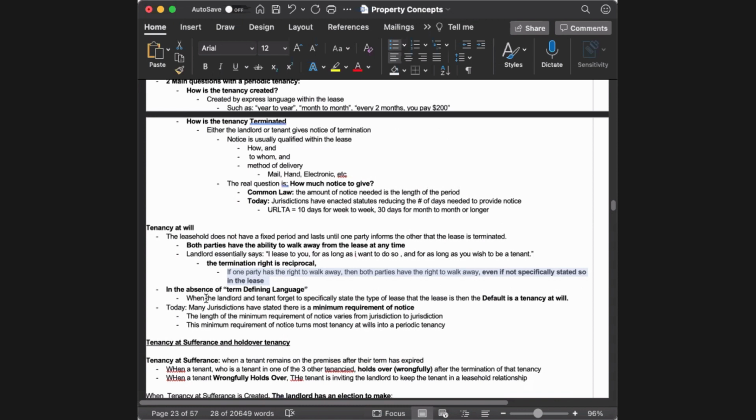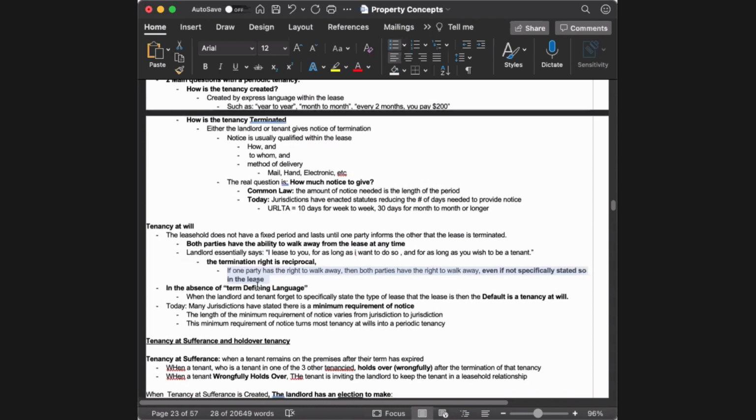In the absence of term defining language, so in the absence of how long the lease would be, when the landlord and tenant forget to specifically state the type of lease, the default is a tenancy at will. This is what I was saying, these are usually really dumb to try to put yourself into. Most of these are created by accident.